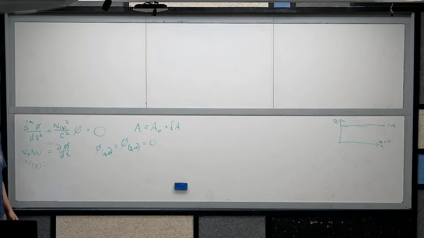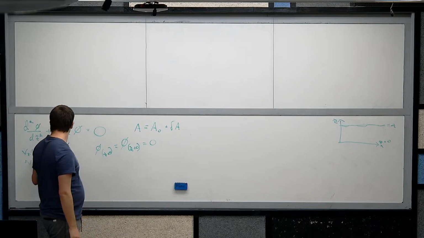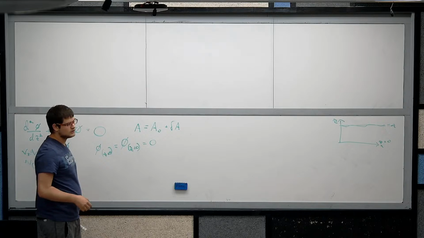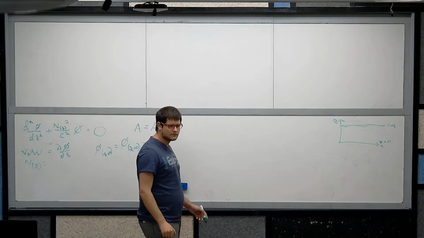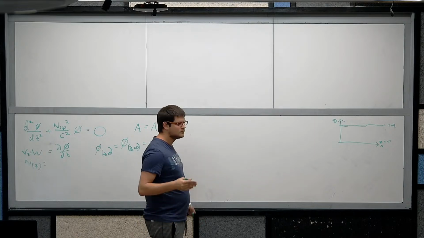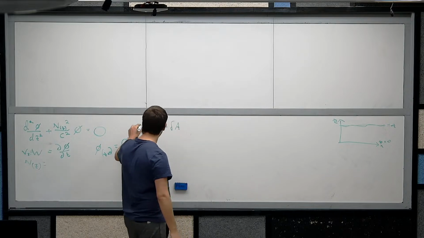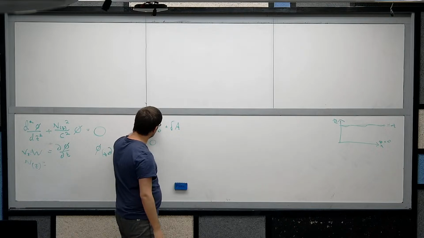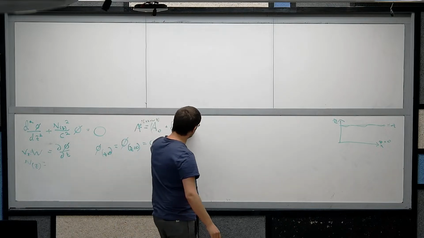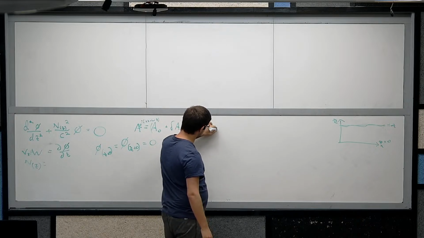W is actually nicer to work with because a lot of things cancel out. You assume that everything is a wave that moves in the x direction. So practically all quantities are multiplied by e to the i(kx minus omega t).